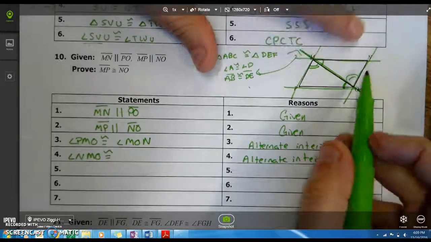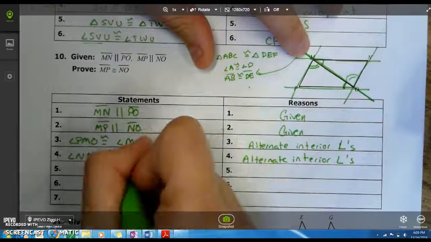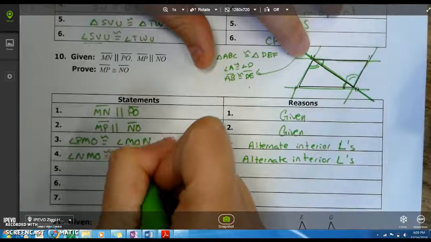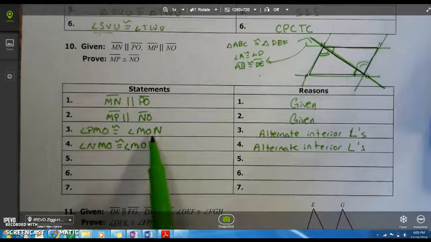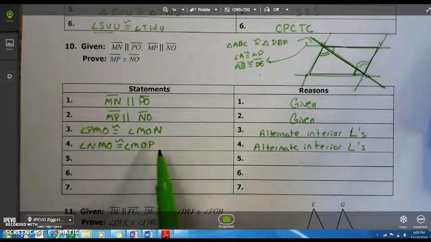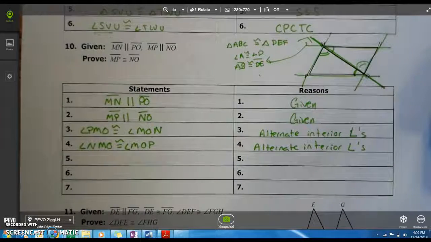And that's going to be congruent to MOP. Now notice, this is angle O and this is angle O, but the difference is what angle it is, right? This is MON, this is MOP, so they're two different angles. That's the reason it's important that I label it out, it's not just angle O, right?